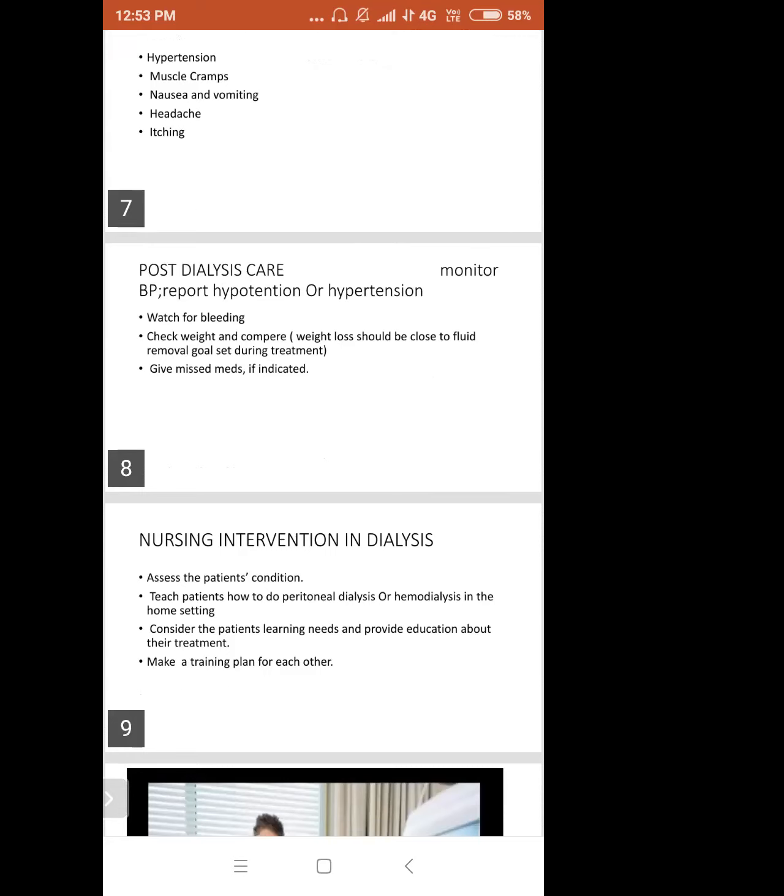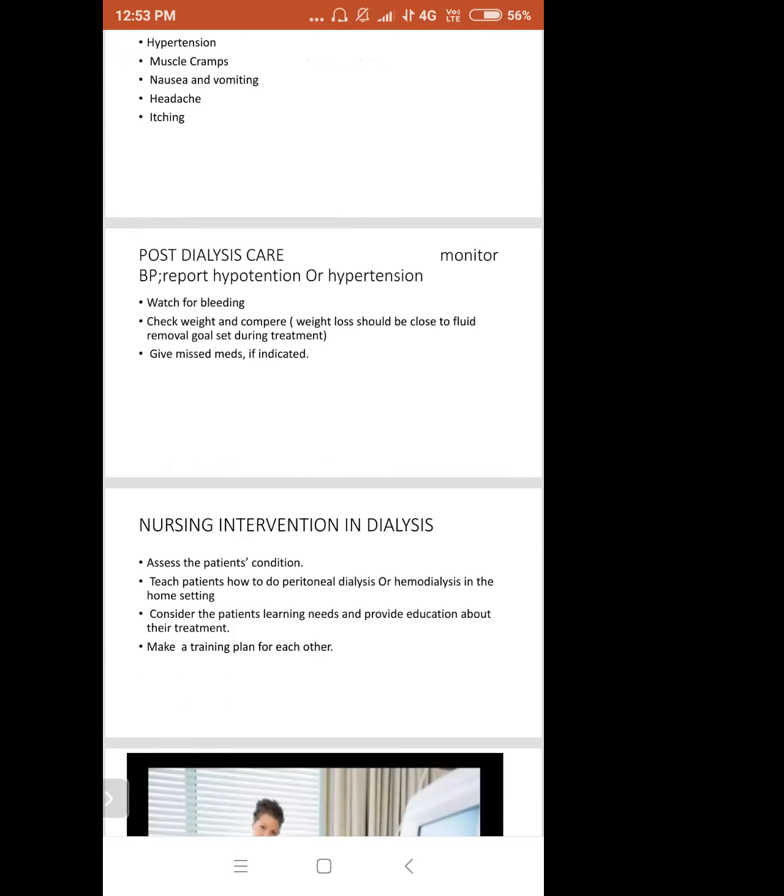Nursing intervention in dialysis: assess the patient's condition. Teach the patient how to do peritoneal dialysis or hemodialysis in a home setting. Consider the patient's learning needs, provide education about their treatment, and make a training plan for each patient.